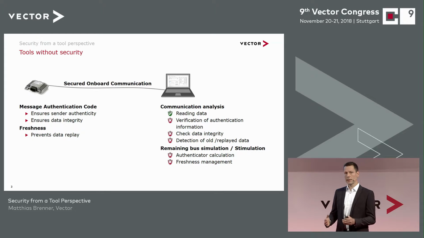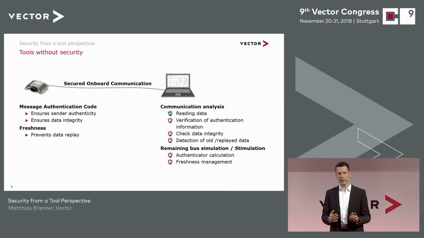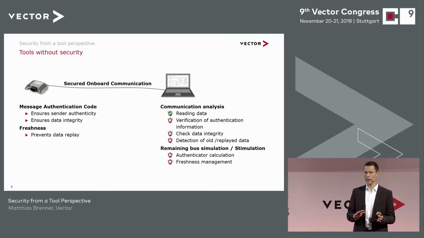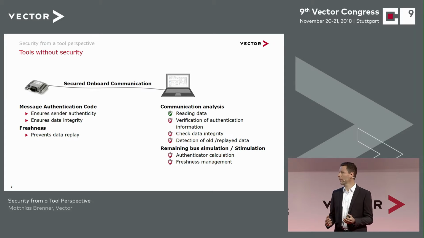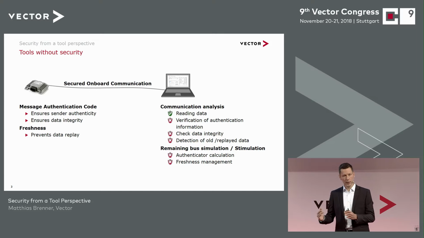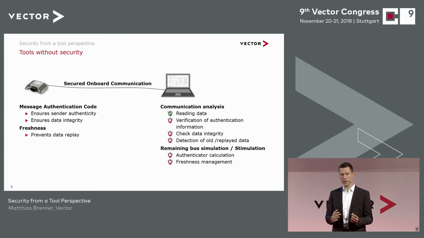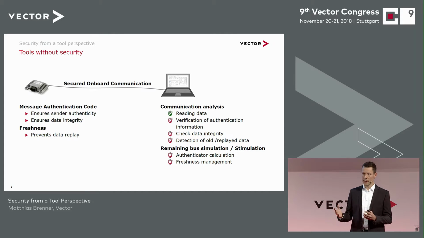And I cannot clearly say, are the data replayed, possibly? Have they been recorded and are now being replayed? Is the freshness okay? Is it an up-to-date data value that I got, yes or no? With regard to analysis, if I want to take an active part of the test application, if I want to stimulate a reaction in the ECU, I have to send data there.